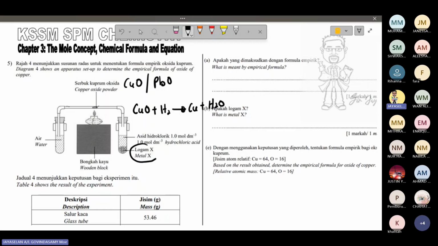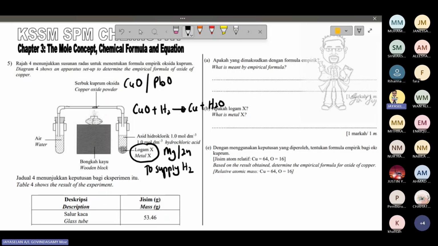Then, you tengok, dia dah letak metal X kan? Ambil pencil terus letak magnesium or zinc. Mana-mana satu. What is the function? To supply what gas? Hydrogen gas. Okay, kenapa must cool? Kenapa you tak boleh panaskan ni terus nyalakan? Why you cannot heat the copper 2 oxide directly?